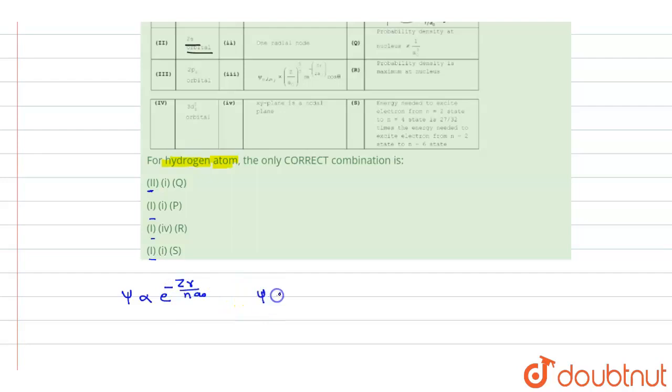Also, psi is directly proportional to 1 upon a0 to the power 3 by 2 plus L. And also we have another formula, that is psi is directly proportional to r to the power L. Now, with the help of this formula, we can identify value of n, and by the help of these 2 formulas, we can identify value of L.